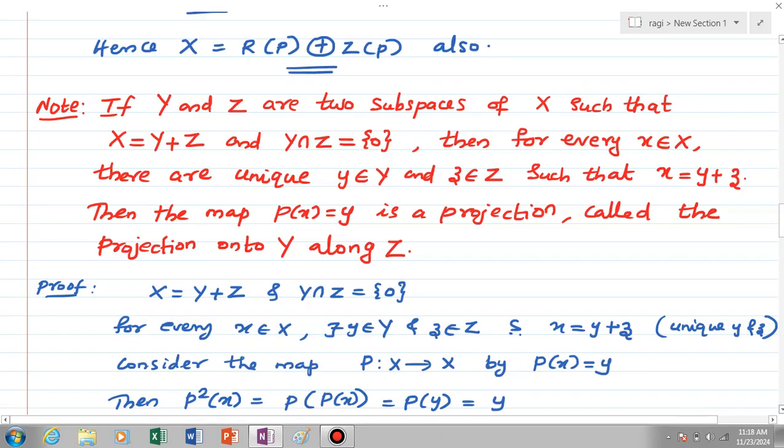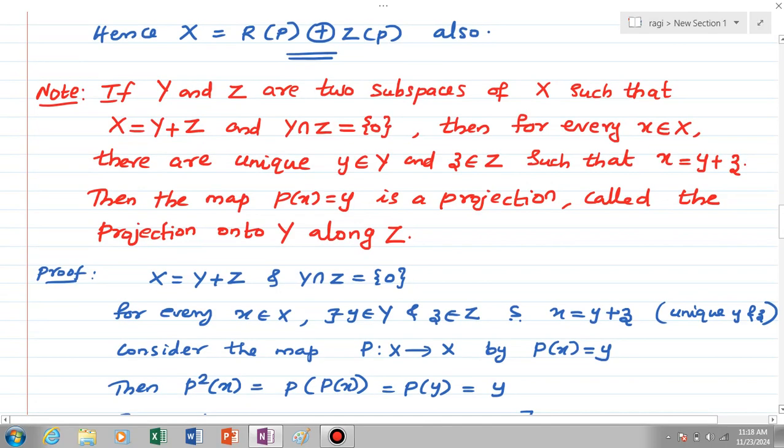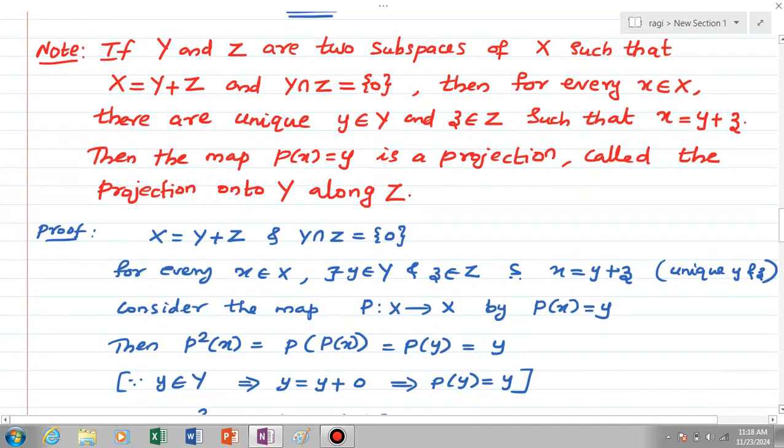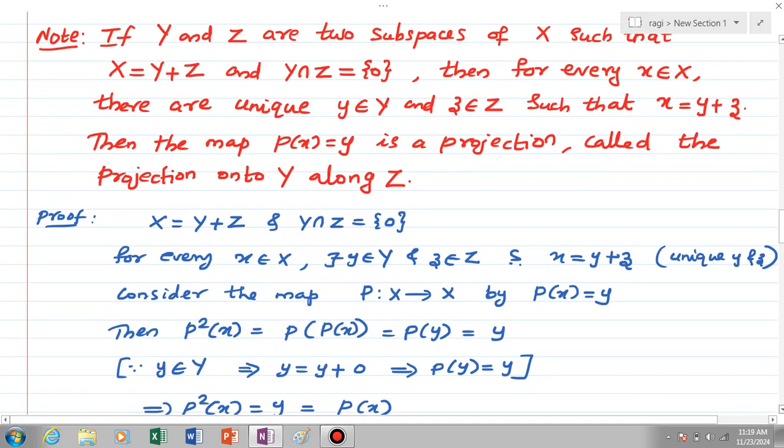Clearly P is a map from X to X, defined by P(x) equals y, the element of capital Y. Then P²(x) is equal to P(y), which is equal to y, because y can be written as y plus 0, where y is in capital Y and 0 is in capital Z.